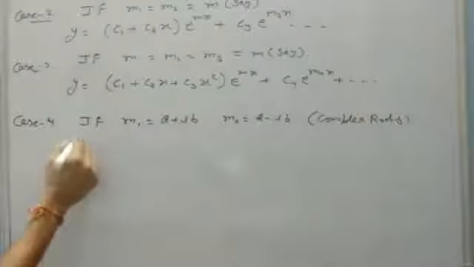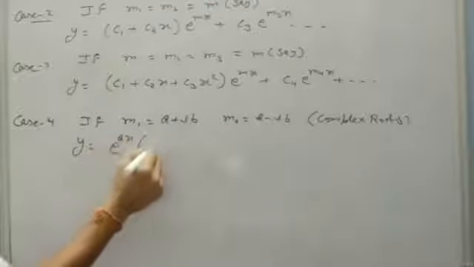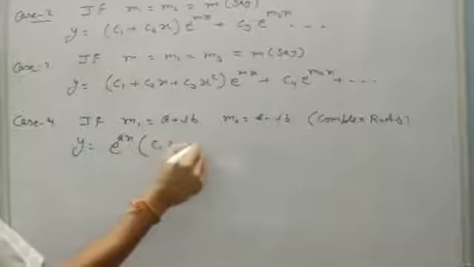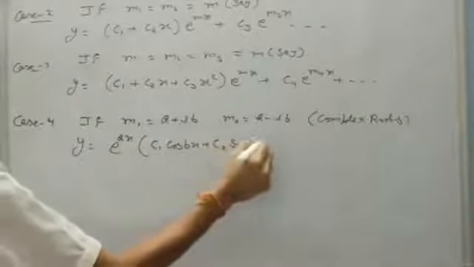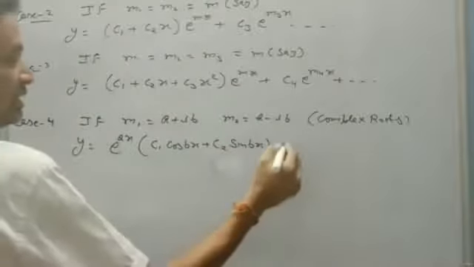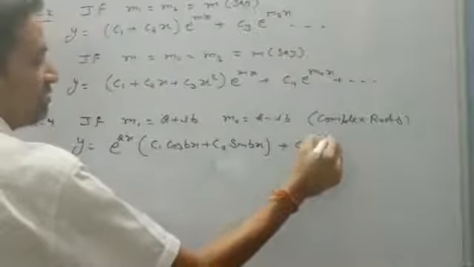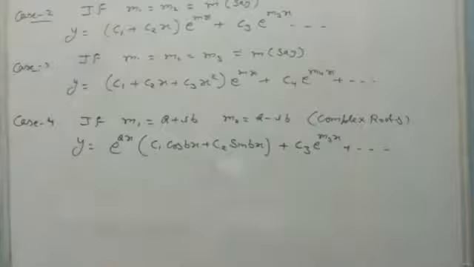Then y equals e to the power ax times c1 cos bx plus c2 sin bx, plus c3 e to the power m3x and so on, if there is only one pair of complex roots.